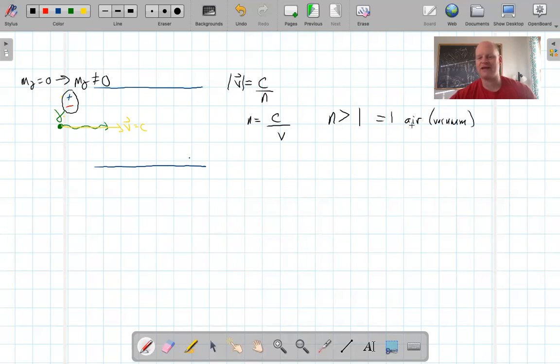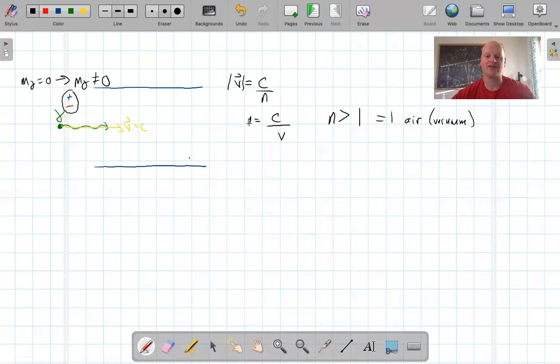Technically, even in air it's a little bit higher than in vacuum, something like 1.001, whereas in vacuum it's 1. But all this means is that since it's always moving slower inside of the dielectric than the speed of light, the index of refraction will always be greater than 1.